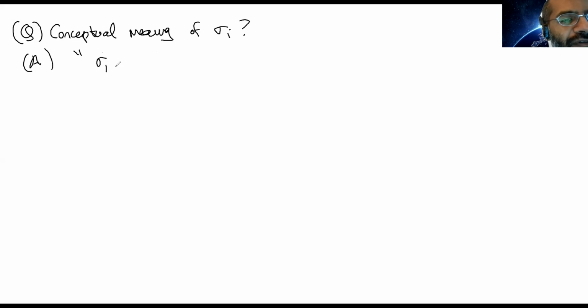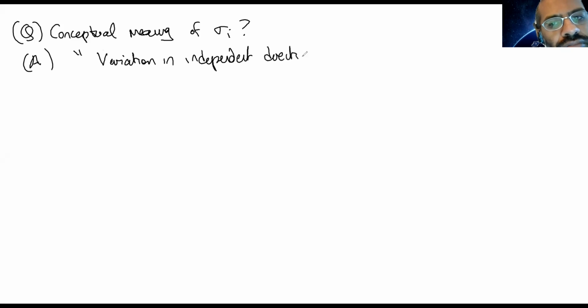Okay, sigma i is a measure of variation in independent directions. Actually, orthogonal directions.